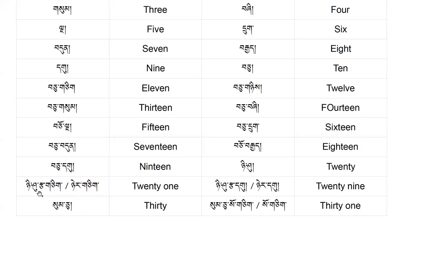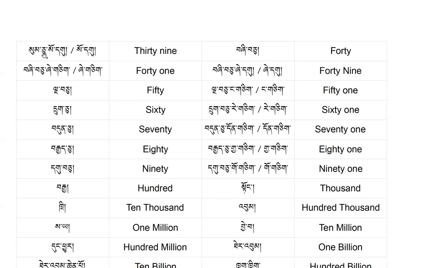Sumchu sochik. So in case of 20, we use za chik. In case of 30, we will use so chik. Sumchu sochik, 31, or simply sochik. Then sumchu sogu or sogu would be 39. So we have shipchu. Here we have shimrichu, because there is no suffix letter here, therefore we use it as shipchu or shichu.